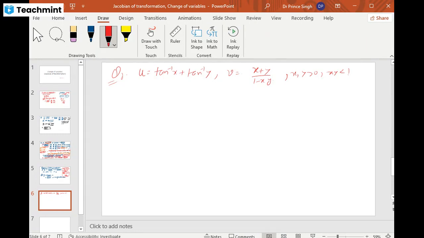So we want to know whether the variables are functionally related.